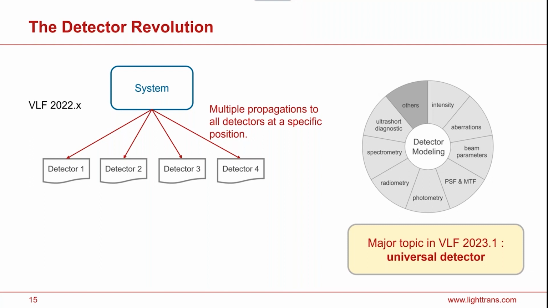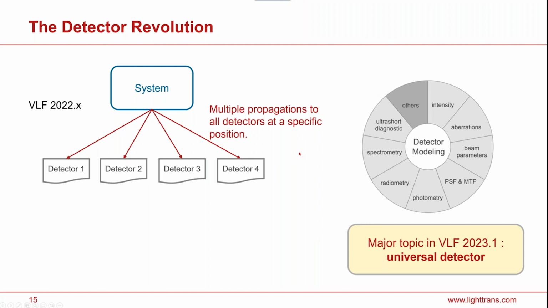In the old versions, 22 and earlier, we had the concept that each detector came as a single detector, and VirtualLab had to propagate to this detector, calculate the field, and then evaluate the detector function. This is obviously, if the detectors are all in the same plane or same position, not a very healthy approach from a computational effort point of view.